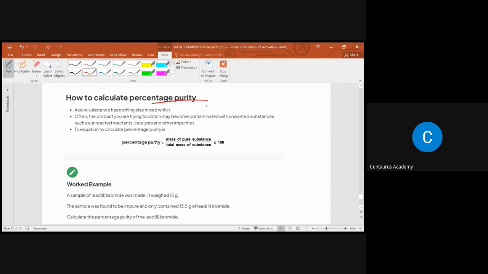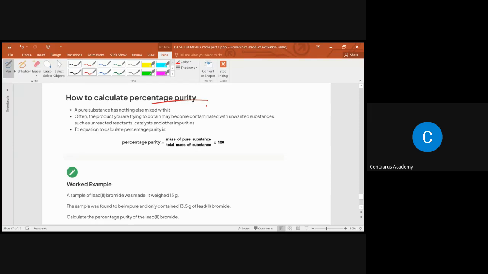That product which has to be released within the market, if it is a contaminated product or has any unwanted substances or a greater amount of impurities, then that particular product batch is not released in the market. So that is why percentage purity is important.